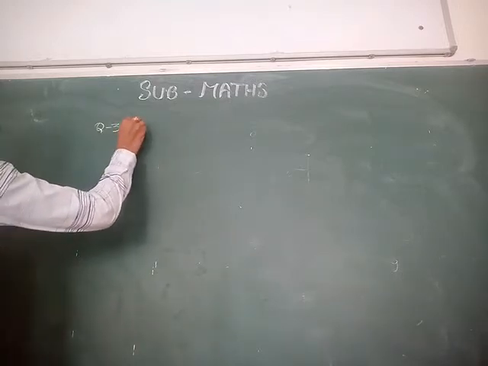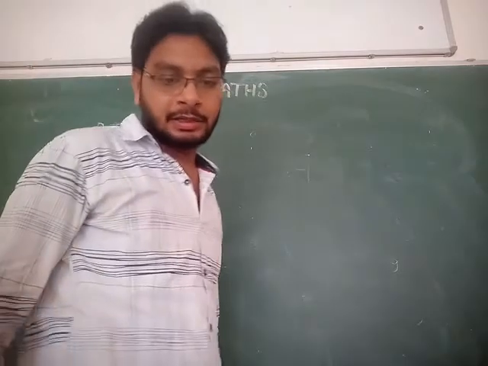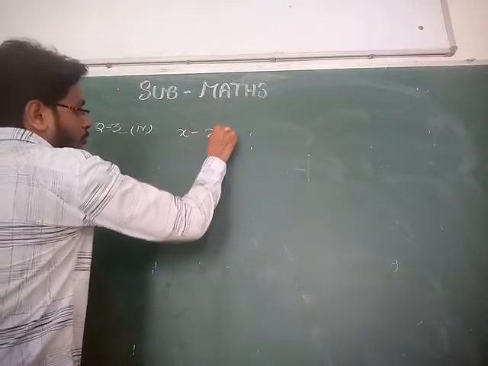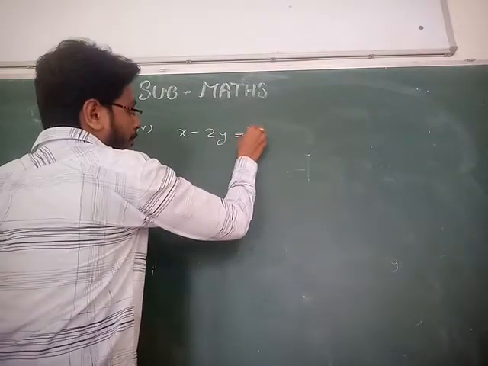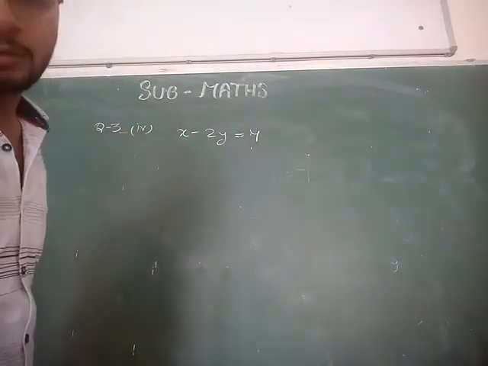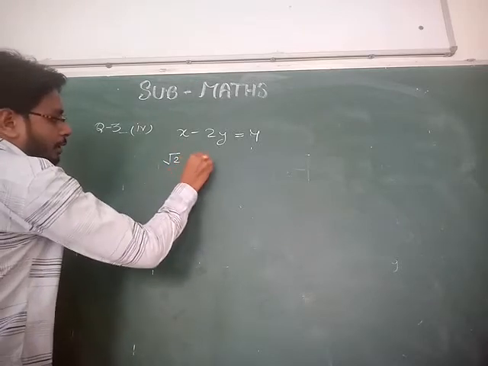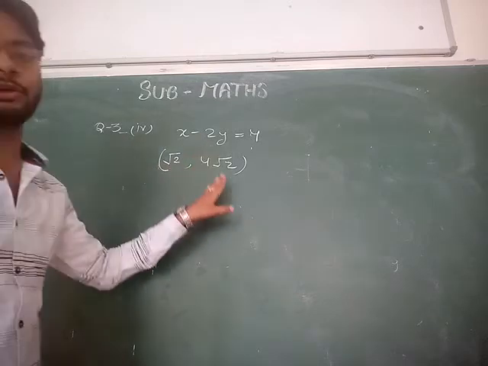In the fourth part, the equation is x minus 2y equal to 4. You have to check whether root 2 comma 4 root 2 is a solution of this equation or not.